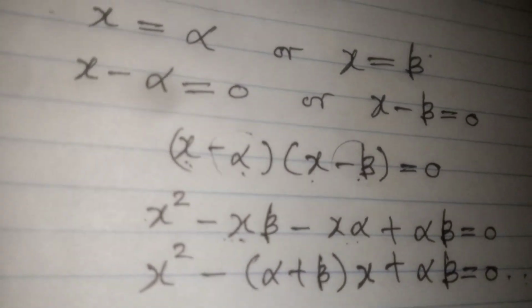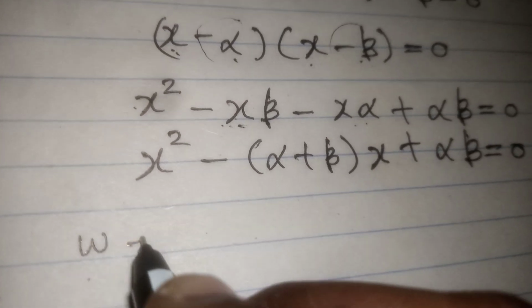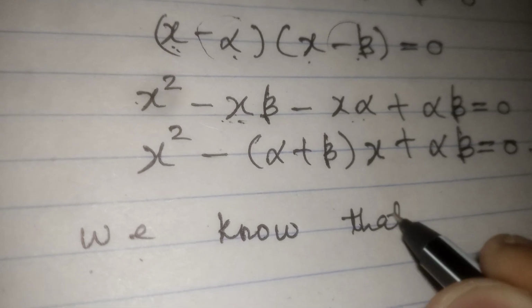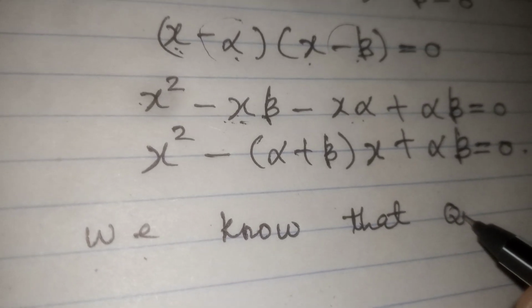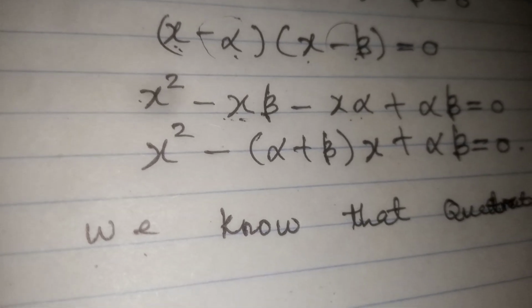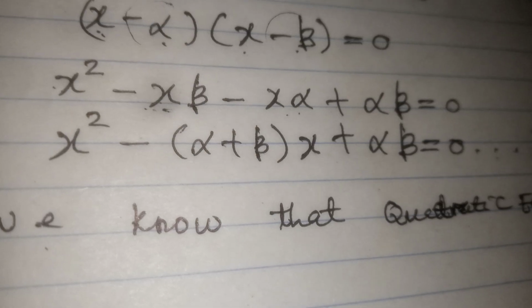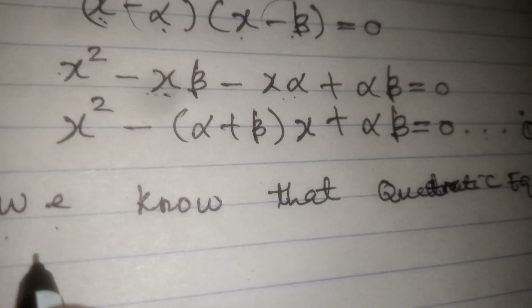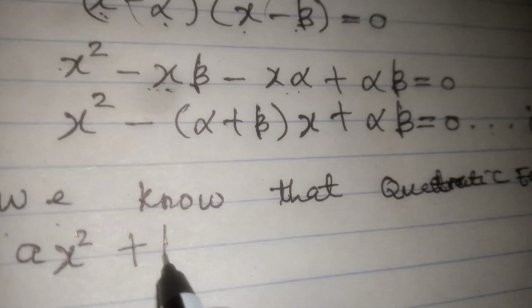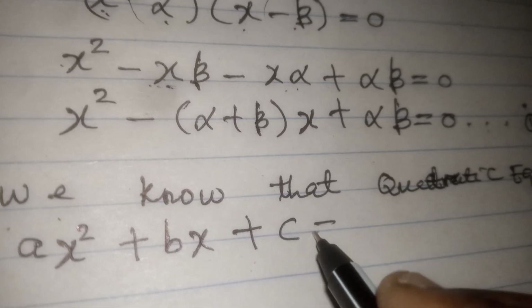Now again, we know that the quadratic equation has the form ax square plus bx plus c, which is equal to 0.